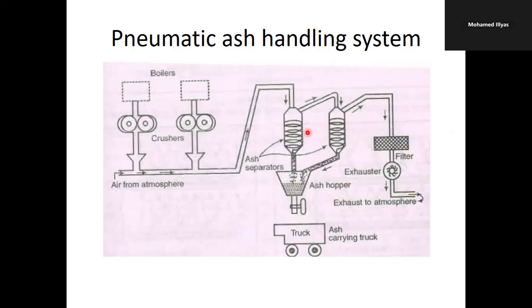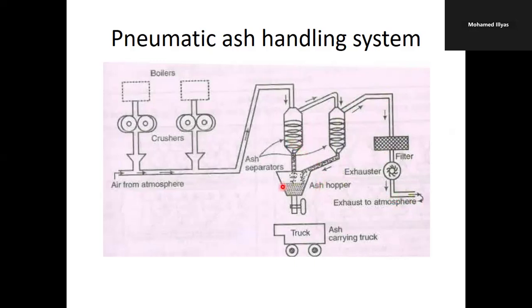So the heavier ash will be collected at the bottom through the ash hopper, and the fly or lighter ash which is above will again go to the next stage. There, slightly heavier particles will again be collected, and the lighter ash particles will be supplied through the filter and sent to the atmosphere through the exhaust fan.